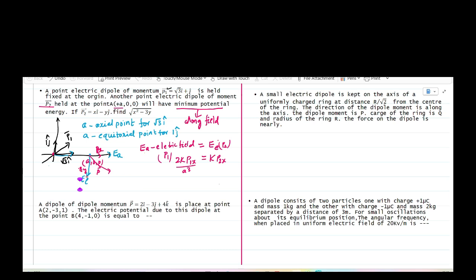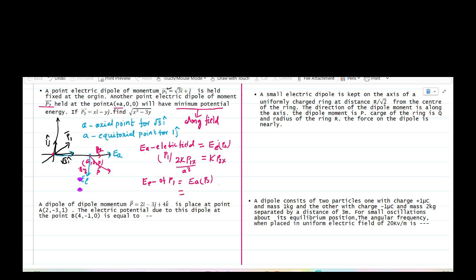Similarly, the electric field of dipole 1 on the axial line is equal to the E equatorial of the other.